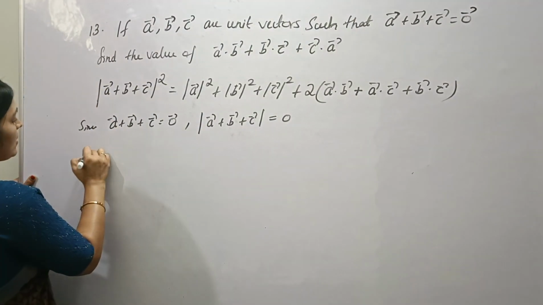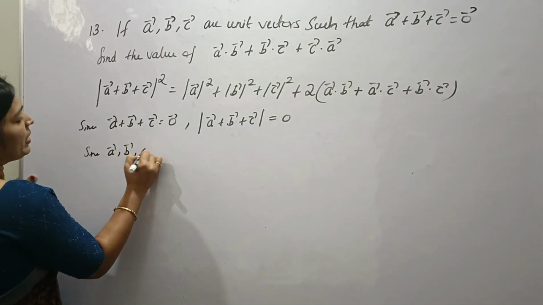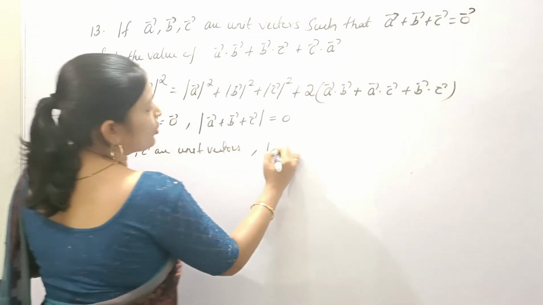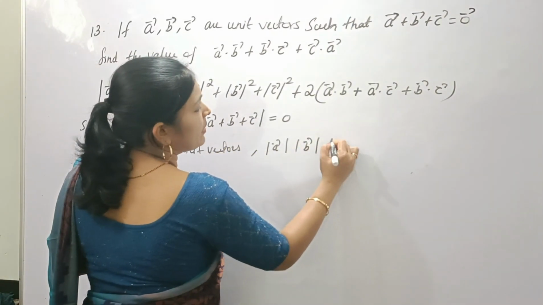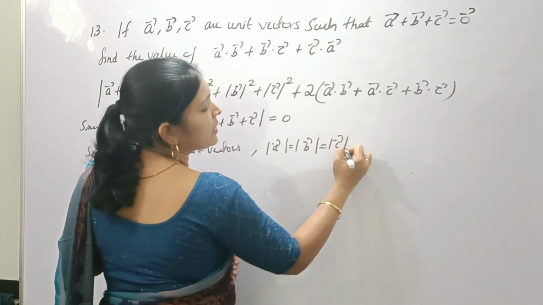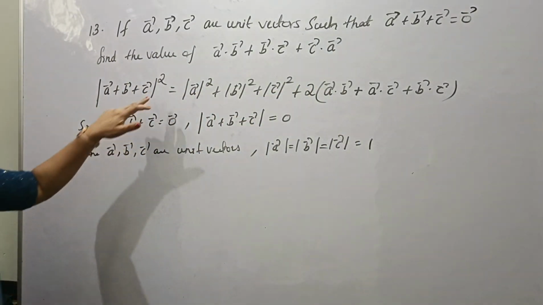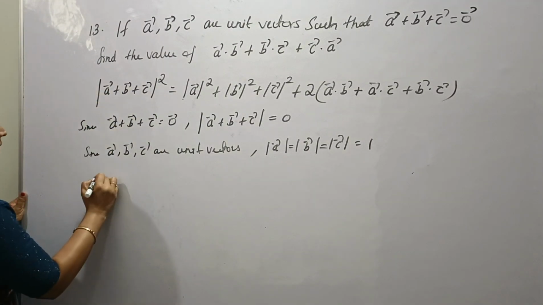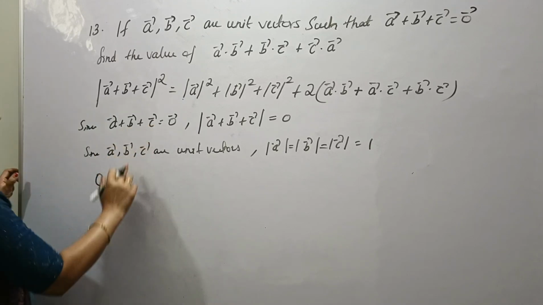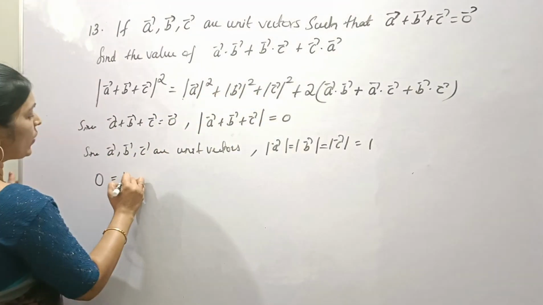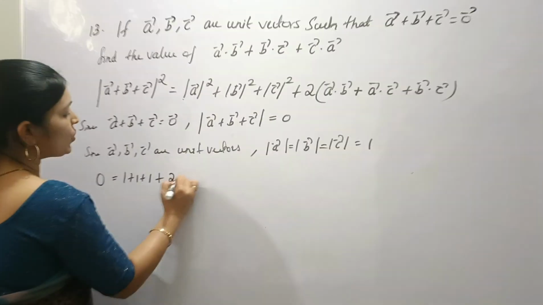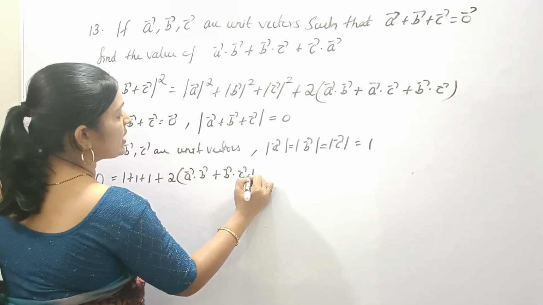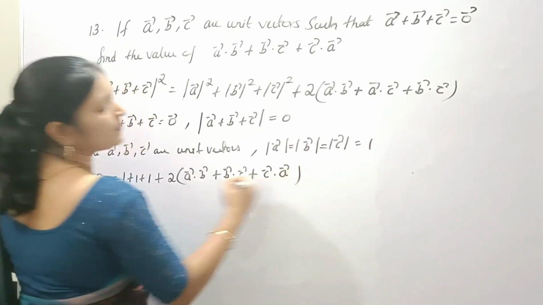Since vector a, vector b, vector c are unit vectors, modulus of vector a, modulus of vector b, modulus of vector c is equal to 1. Then, let's apply these values in this equation. So, LHS 0 is equal to 1 plus 1 plus 1 plus 2 into vector a dot vector b plus vector b dot vector c plus vector c dot vector a.